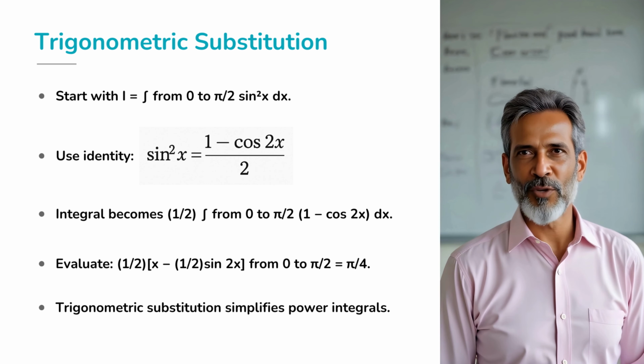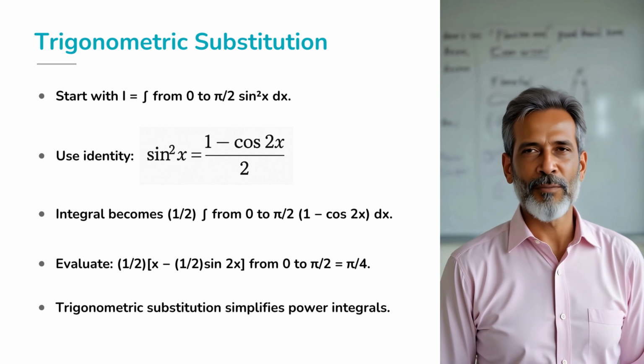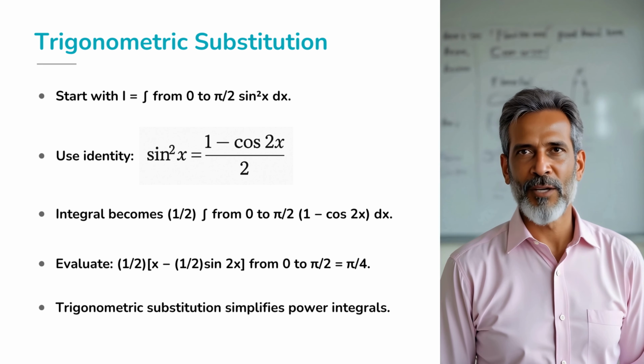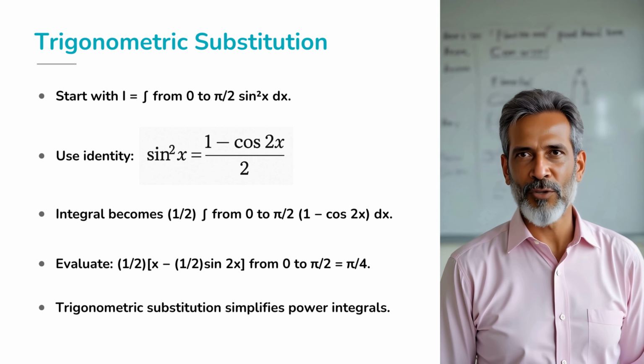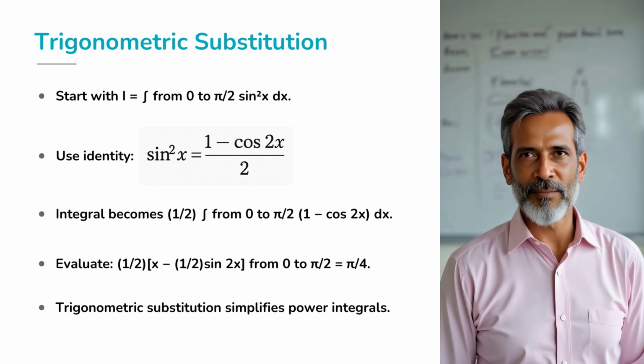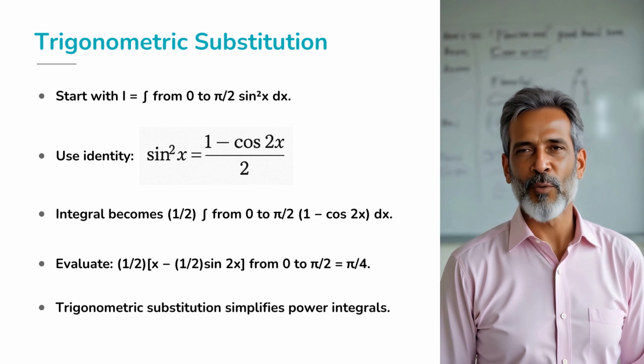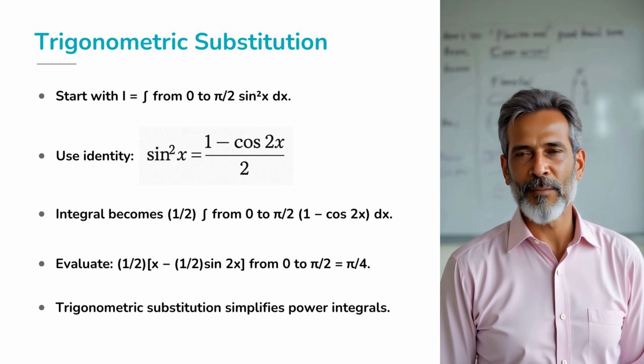Now let's move to a trigonometric example. Evaluate the integral from 0 to pi by 2 of sin squared x dx. Step 1. Use the identity sin squared x equals (1 minus cos 2x) divided by 2. So the integral becomes 1/2 times the integral from 0 to pi by 2 of (1 minus cos 2x) dx. Step 2. Integrate.